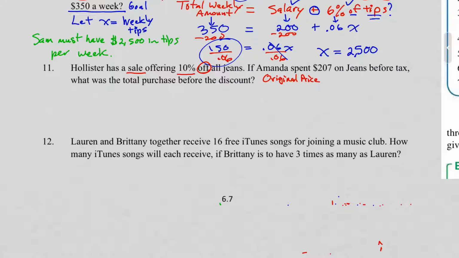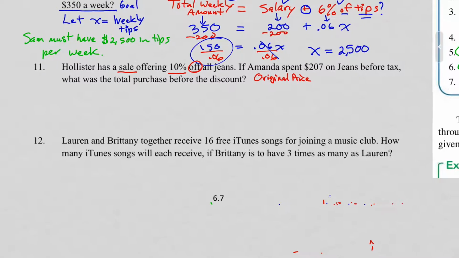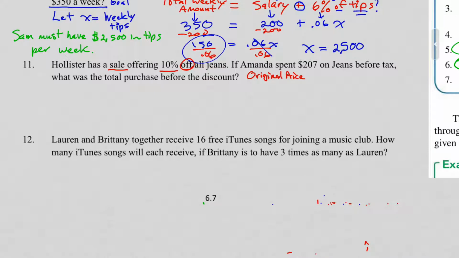She's not going to buy the original price. She's going to make sure she gets a discount, buys it when it's on sale. So the original price, you subtract whatever the discount is. So it's 10% off. So what they do at the register is subtract that sale off.